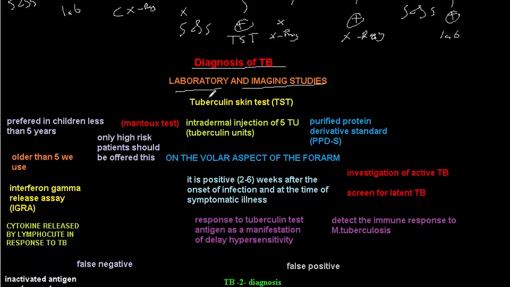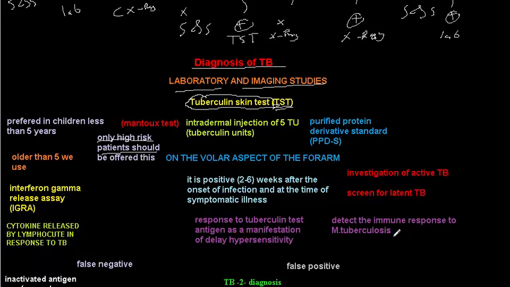Okay, let's start with the first thing, the tuberculin skin test. The tuberculin skin test is the first thing to be done, and actually it is only done for high risk patients and for patients with latent TB.